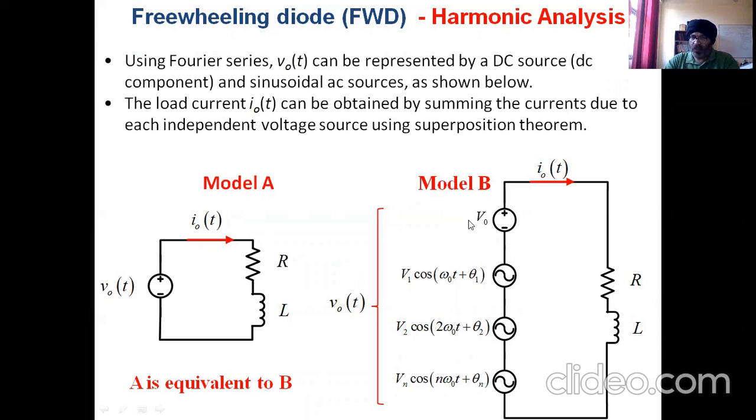Because all these harmonic components play an important role in giving us the output. And we need to find out which harmonic component has which magnitude, V1, V2, or V3.